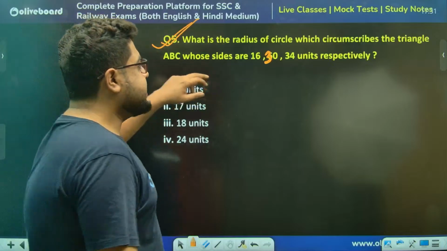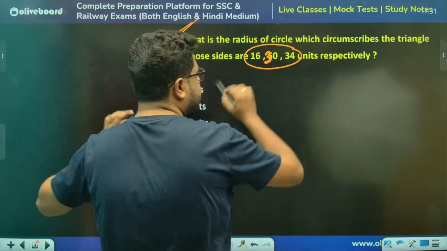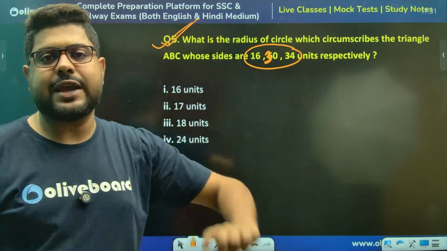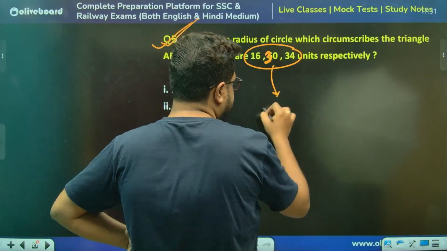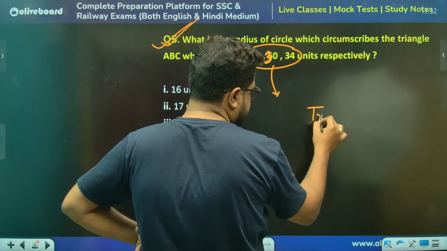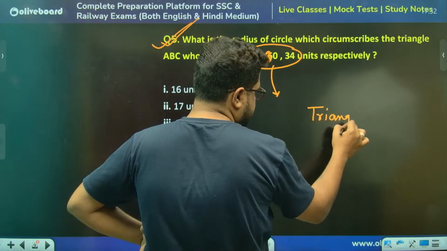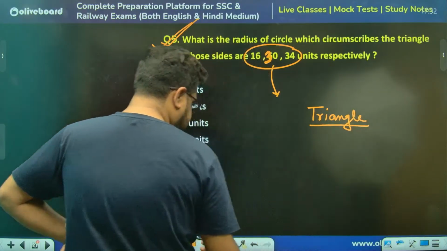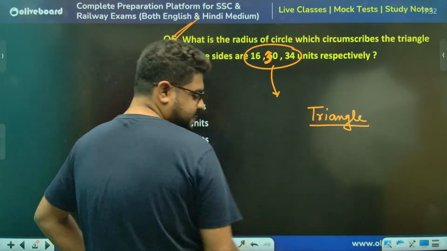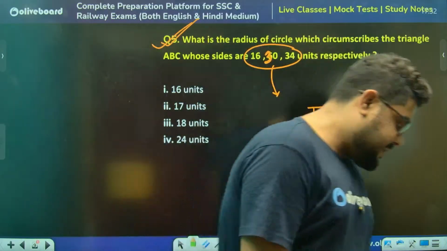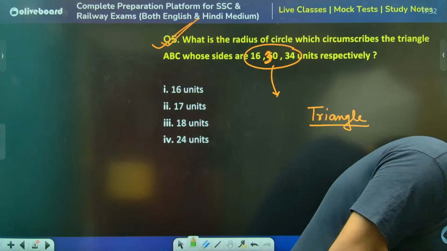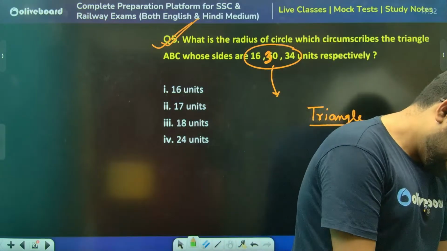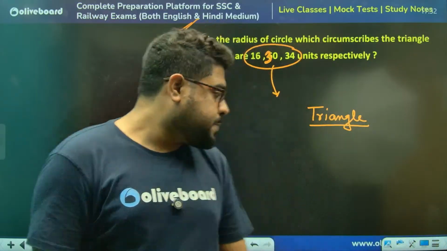The sides are 16, 30, 34. What type of triangle is this? Anyone? Answer is option 4?